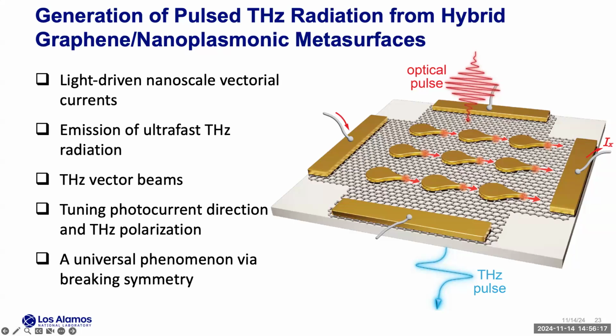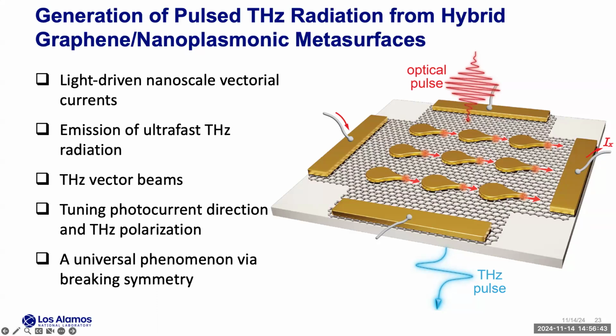This is vectorial, so depending on how you arrange these, you can get vector currents, you can get vector terahertz beams. You definitely get ultra-fast terahertz radiation if you excite it with an optical pulse, because you get a dJ/dt on a picosecond time scale.